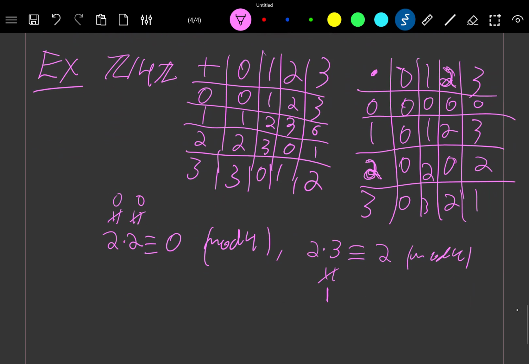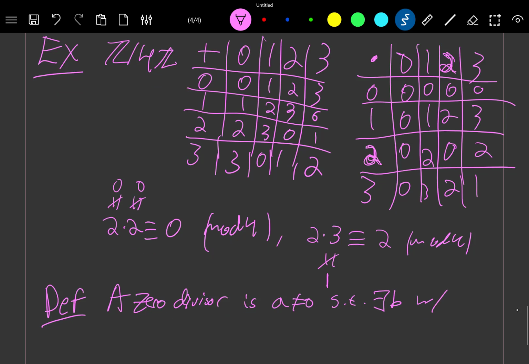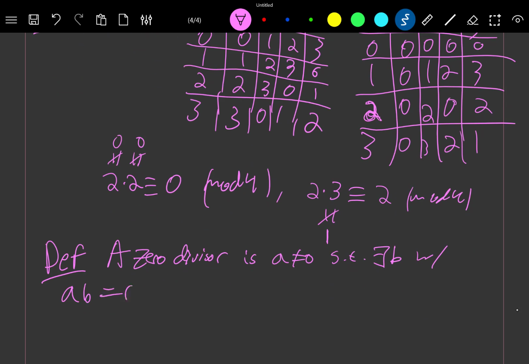So I'm going to define something. A zero divisor is some element a not equal to 0, such that there exists some b with a times b equal to 0. So here, 2 is a zero divisor.